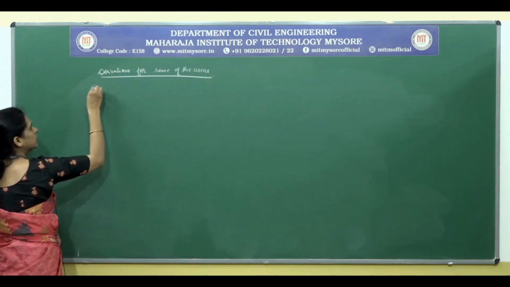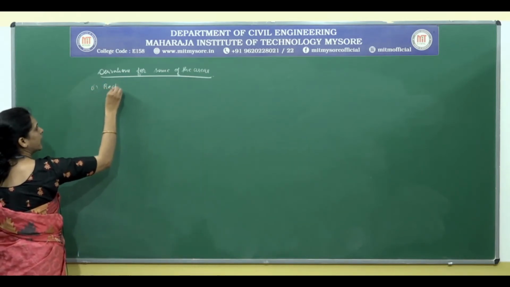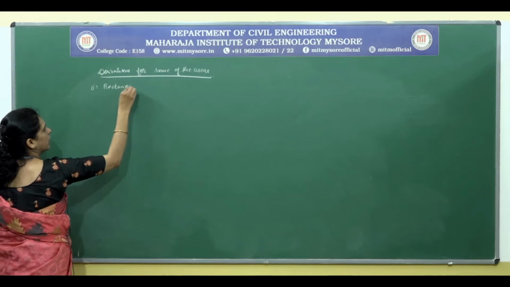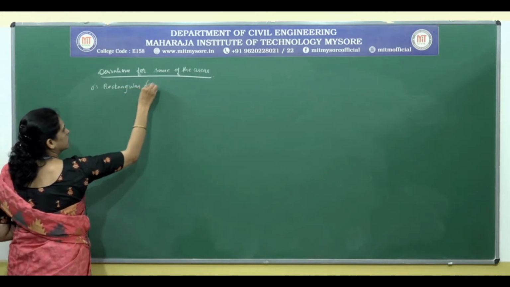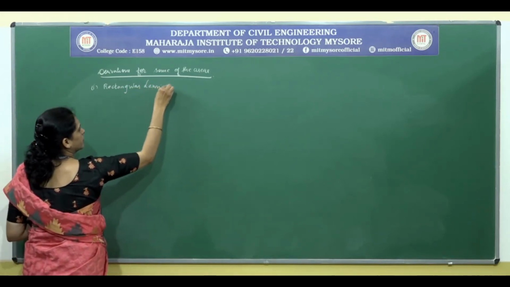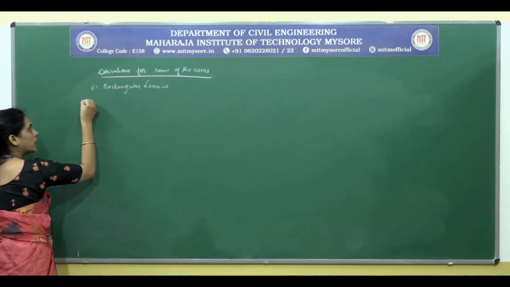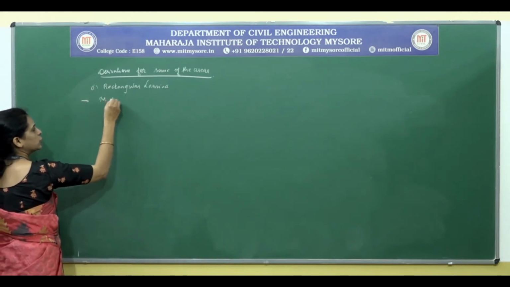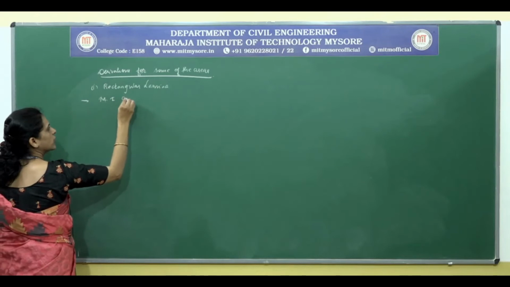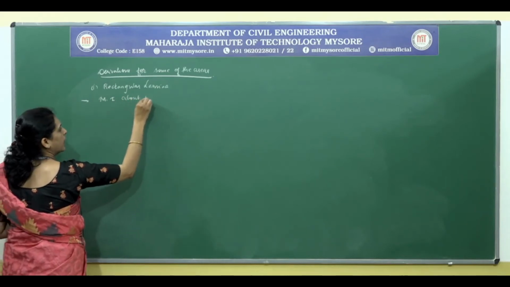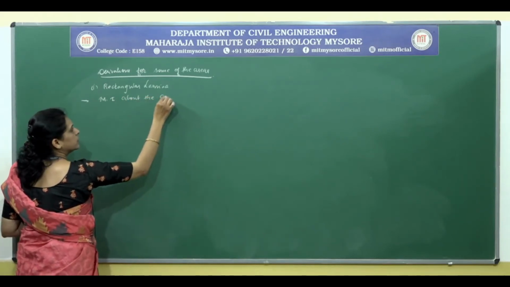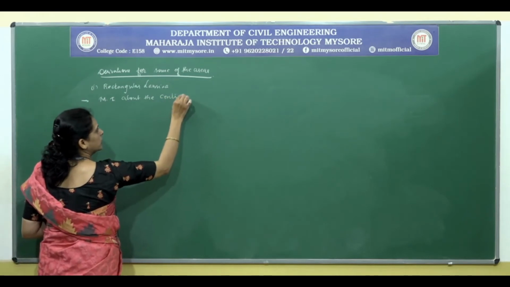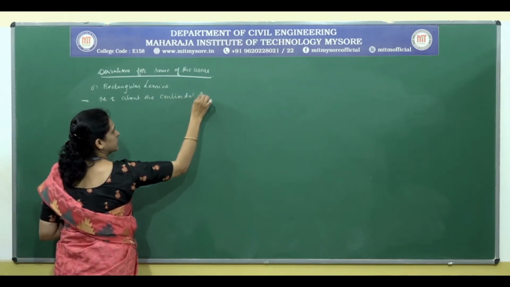We consider the rectangular lamina. First one is to find out the moment of inertia about the centroidal axis.